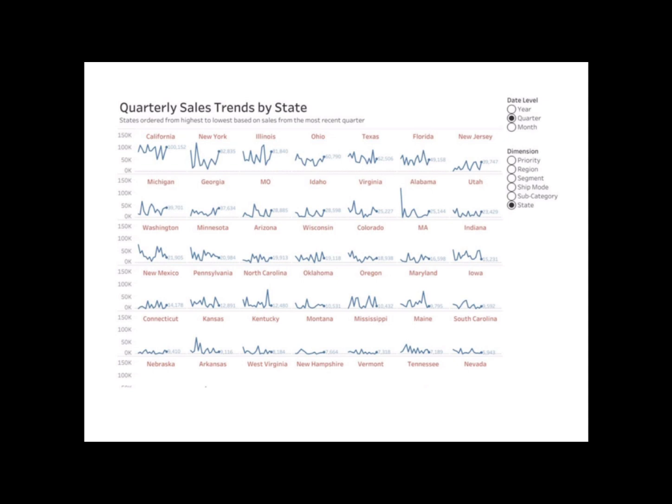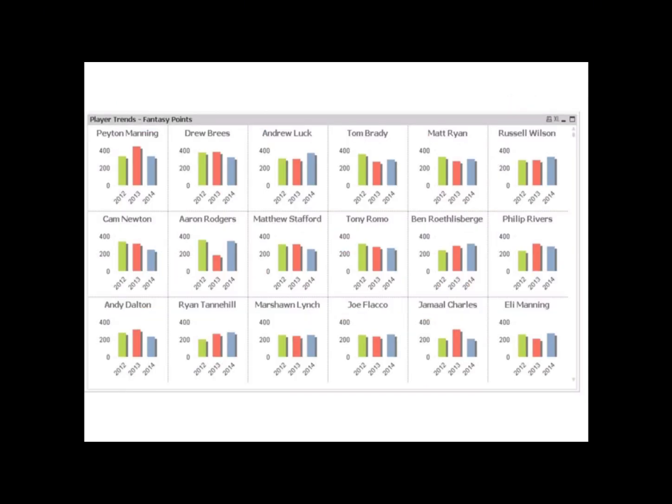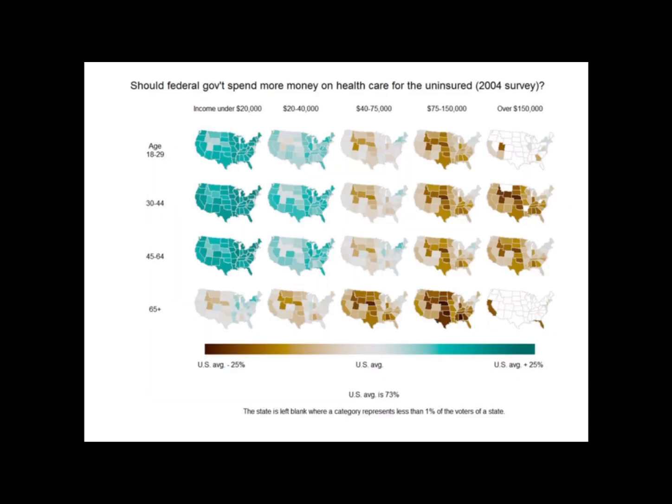So it makes it easier for the user to understand what's going on here. This is the same thing, except using bars. Not the same graph as the previous one, but it's the same example of small multiples, using bars. And you can even use maps for this.